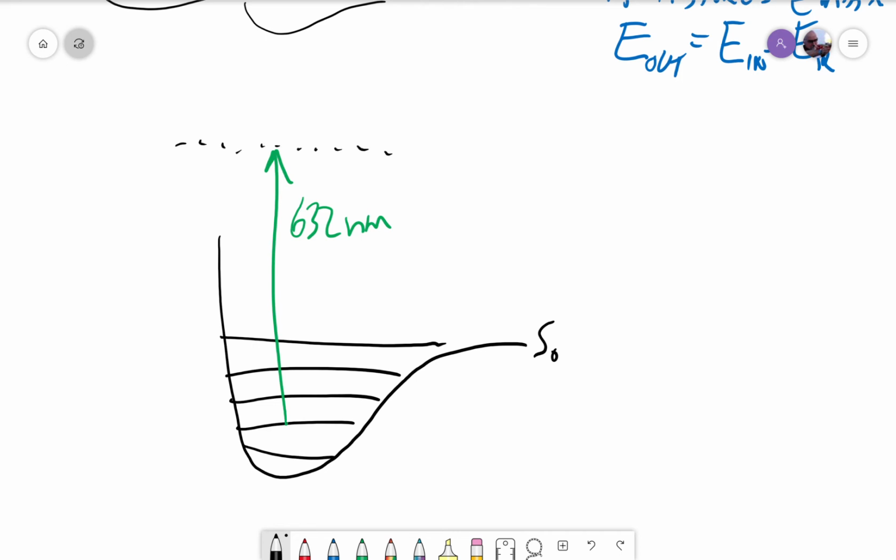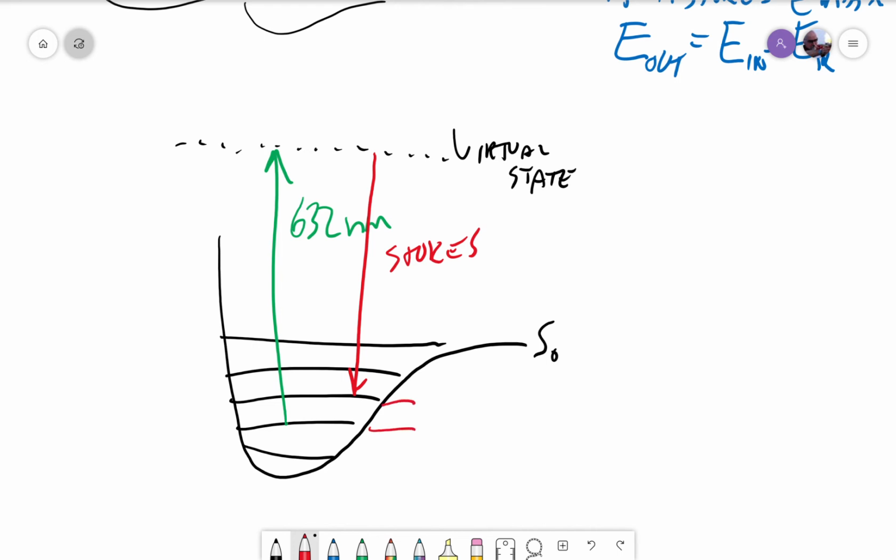It will only bring the molecule up to a virtual state. If it is re-released in a Stokes emission, then the energy released will be different by the delta E of the IR.